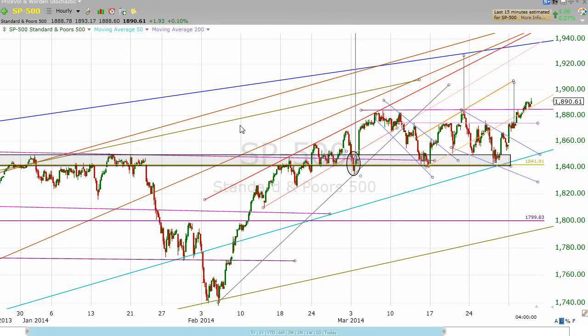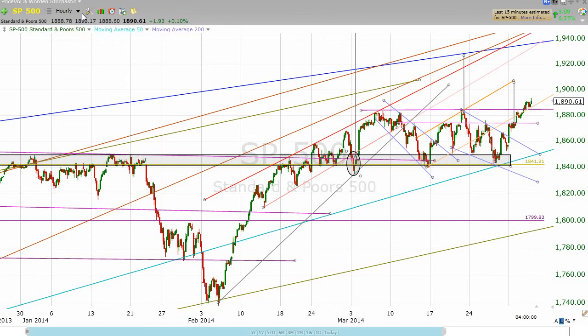It's not a fully formed shoulder. It's like a finger, just this little tiny appendage underneath that line. We broke out over that, and then we've come down twice to that neckline region, and now it looks like we're ready to move on up.